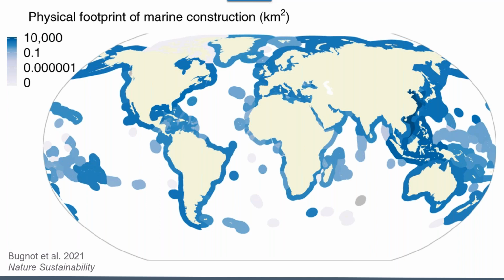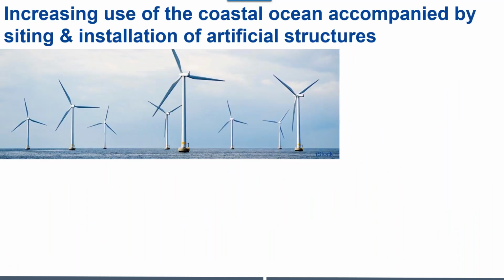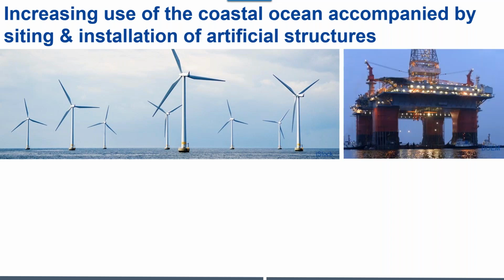And what are some of these items? Well, as humans continue to use the coastal ocean, this is often accompanied by a diversity of artificial structure types. They can include structures associated with offshore renewable energy, as well as oil and gas infrastructure.